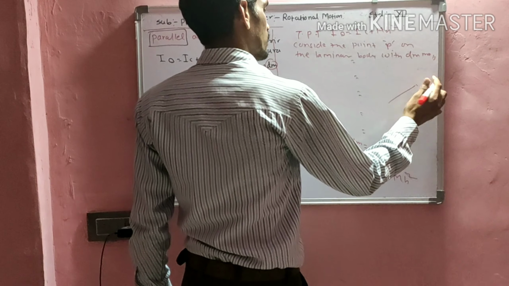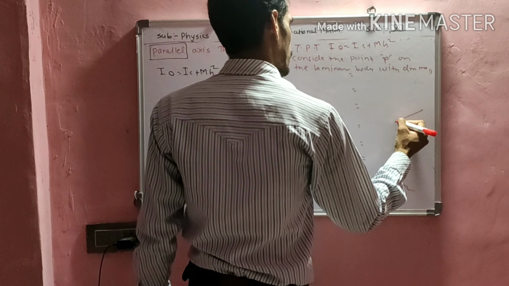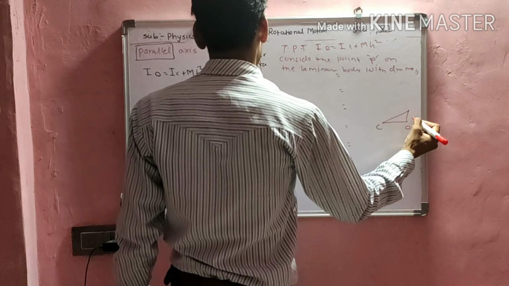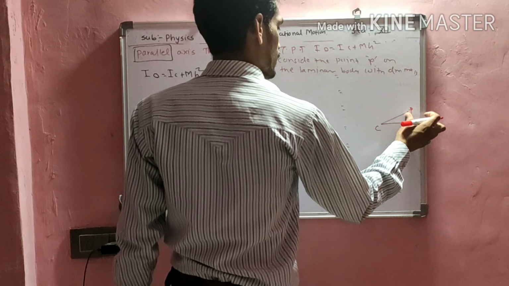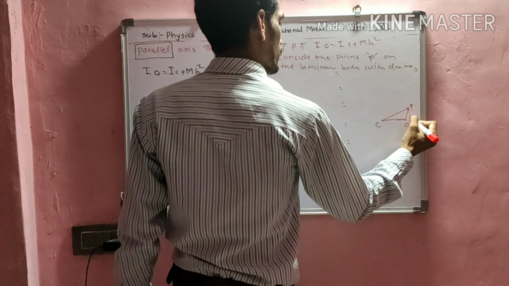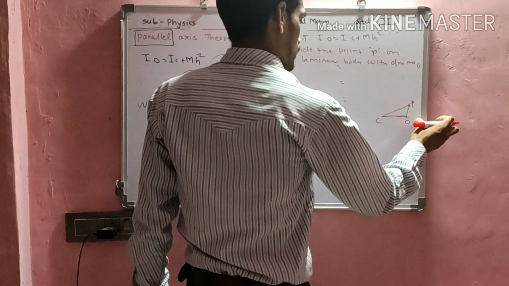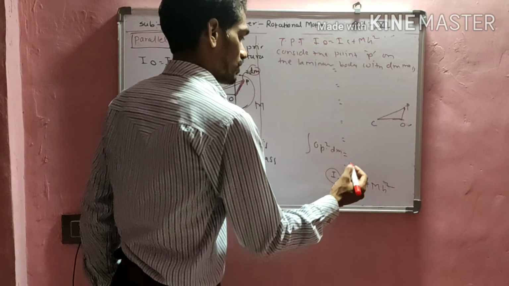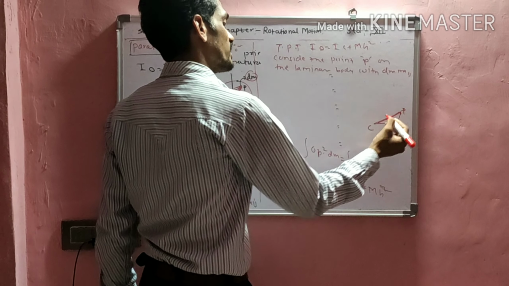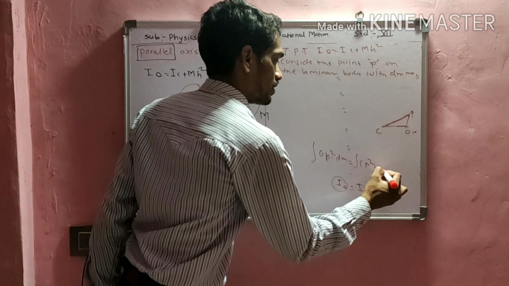We draw a separate figure for that. This is our point. Okay, this is our C and P. So for I_C, we have to take CP as the perpendicular distance, so integration of CP square dm.